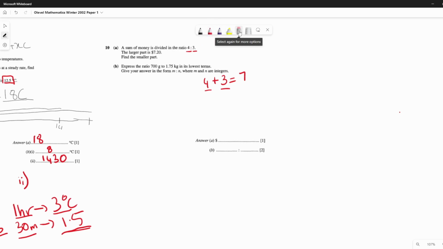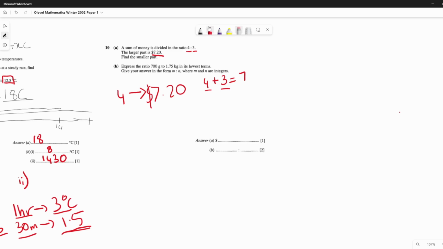So similarly, now we know that in this equation, our 4 parts are actually $7.20 basically, right? So we need to get to 1 part and 3 parts, right? So similarly, when our 4 parts were $40, we could have just divided that by 4 to get our 1 part, which would have been $10.